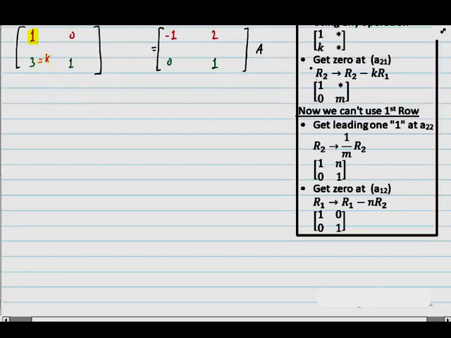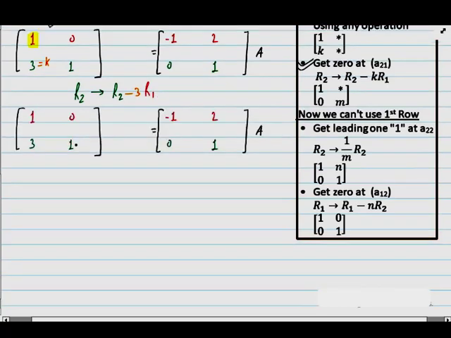So finally we get our leading one. Okay, so now we should move to the second step, in which we need to get 0 at A21, and for that we have to take the operation R2 gives R2 minus k, which is 3 in this case, R1, right?